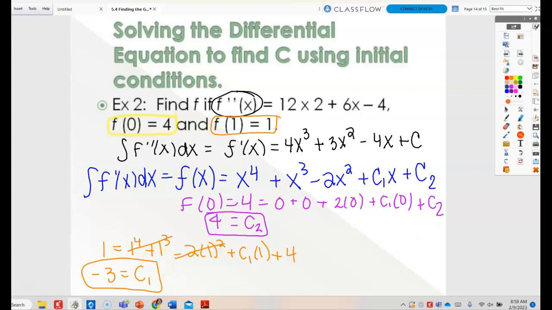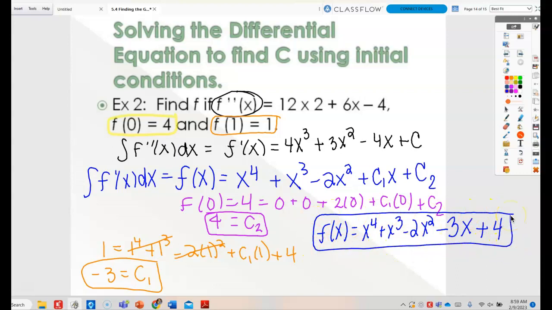So c sub 1 is negative 3. C sub 2 is 4. Therefore, f of x is x to the 4th plus x cubed minus 2x squared minus 3x plus 4.